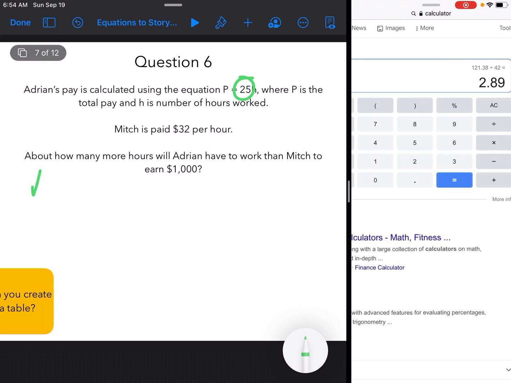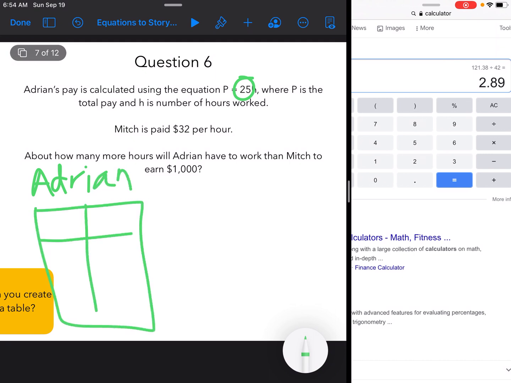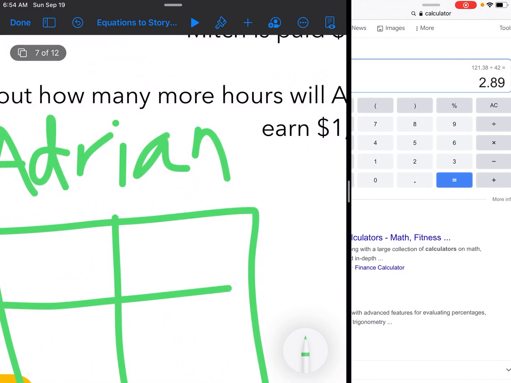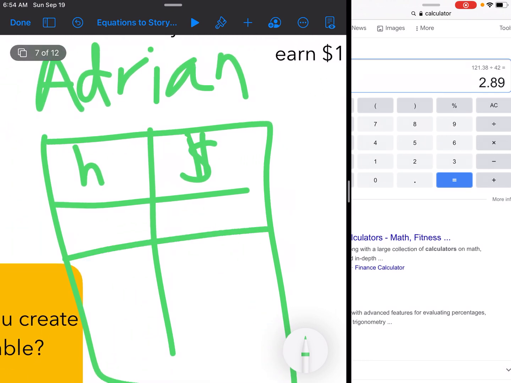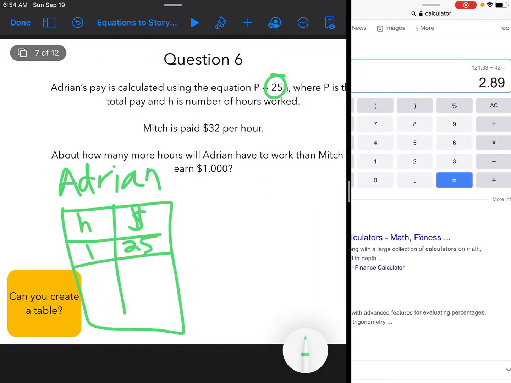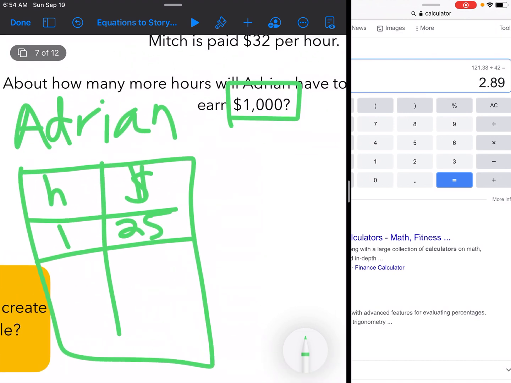So Adrian, so I'm going to put hours, I'm going to put money, right? So in 1 hour, he makes $25. So they want to figure out $1,000. So I have to get to 1,000.